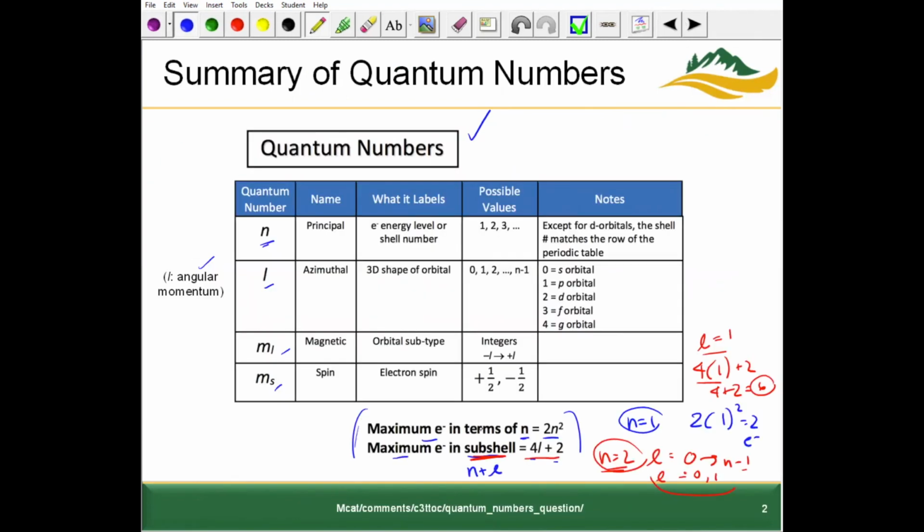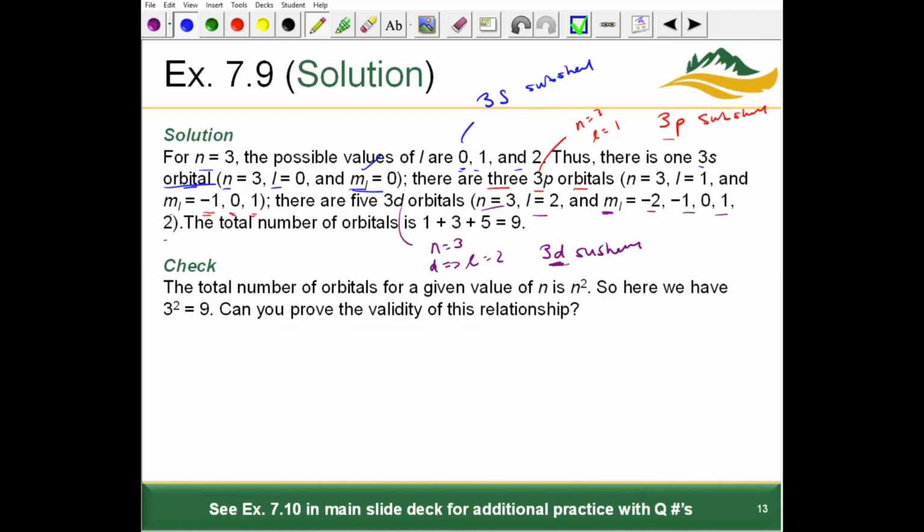We looked at these 2 equations in slide 2. We can also check our answer with one more equation. The total number of orbitals for a given value of n is n squared. Again, we have to state the n, l, and m sub l to describe an orbital. How many possible orbitals when n is equal to 3? So n equal to 3, 3 squared is 9.